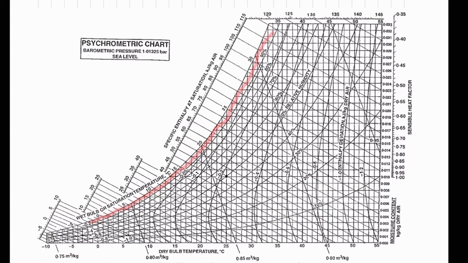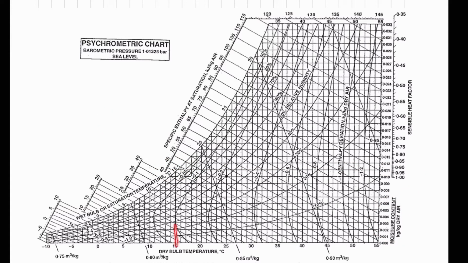Now a horizontal line, wherever it intersects the right side y-axis, that is moisture content, omega. Its unit is kg of water vapor per kg of dry air. Wherever this horizontal line intersects the saturation curve, there we can read TDP, dew point temperature.